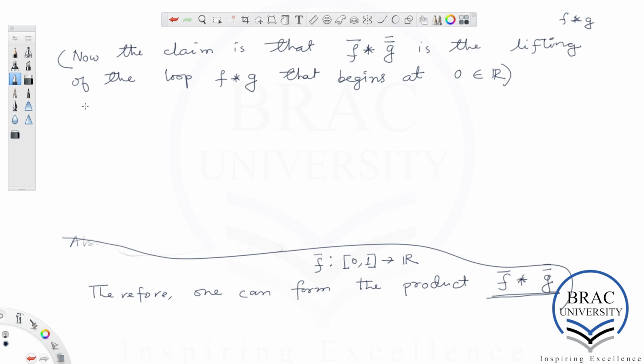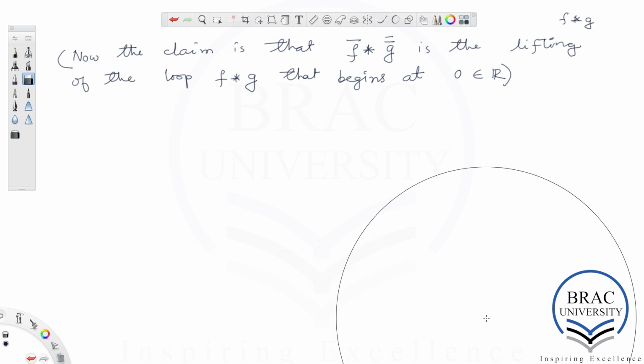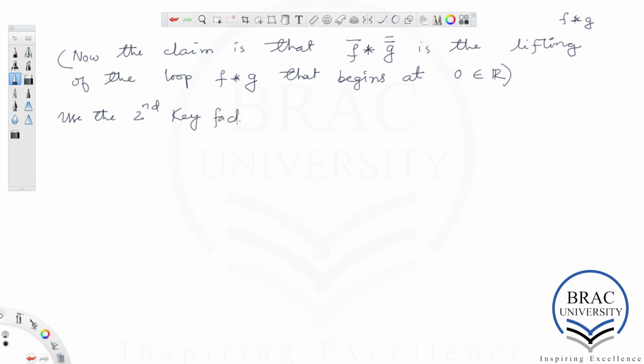Now again we are going to use the second key fact, the second key fact used during the proof of theorem 1 of lecture 1.